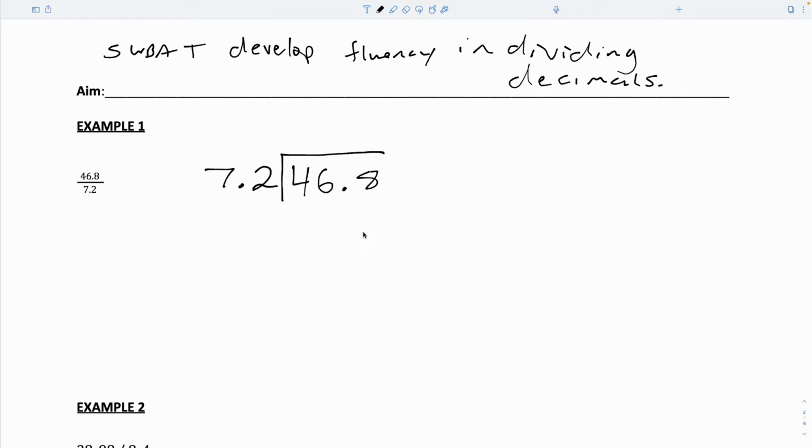Now, in ancient Egypt, I wasn't there. I was born a little bit after that. The Egyptians saw this mathematical thing and they wanted to divide. They came up with this whole process for long division and moving place values. But when they got to decimals and not whole numbers, it got kind of weird. Because when you divided 7.2 and 46.8 the same way that you do whole numbers, it just messes up the entire thing.